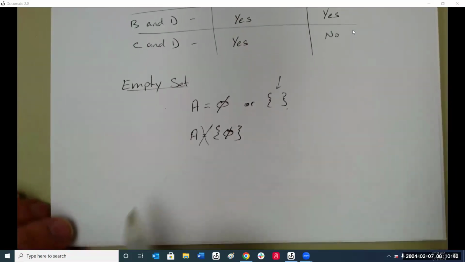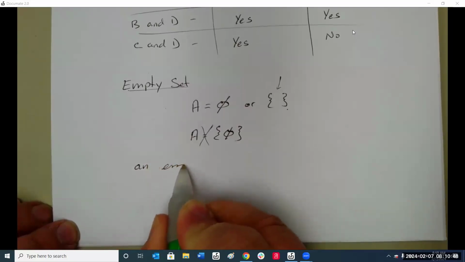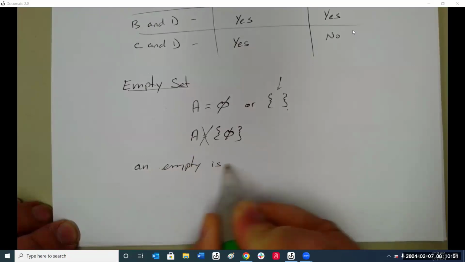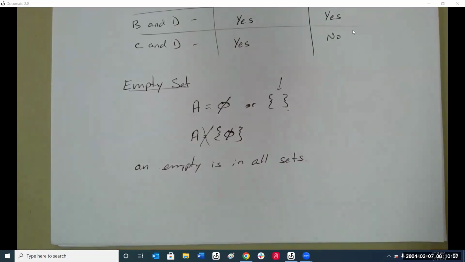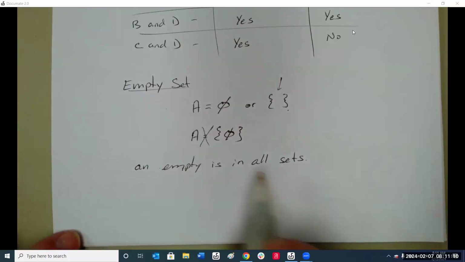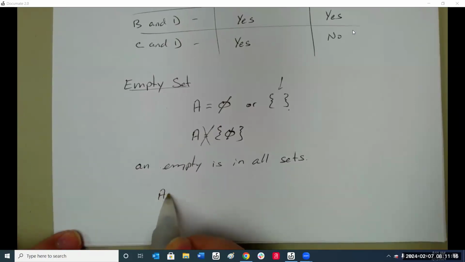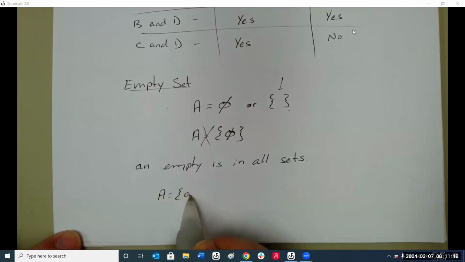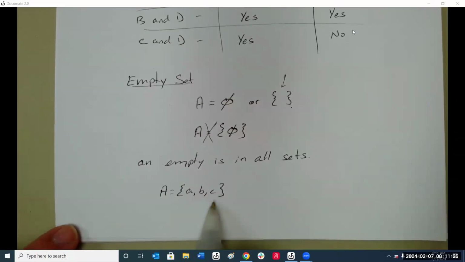Also, an empty set is in all sets. In other words, if I said my set is A, and I ask you to list, what method is this called?